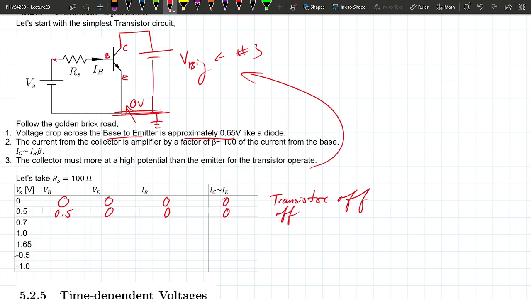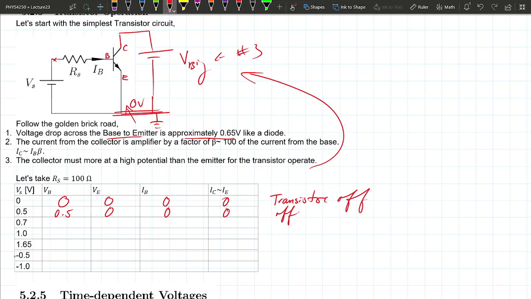We're going to crank the voltage up to 0.7. Wow. Now, initially, you're going to have 0.7 volts here, and that's bigger than the 0.65 volts that we need in order to overcome the diode.